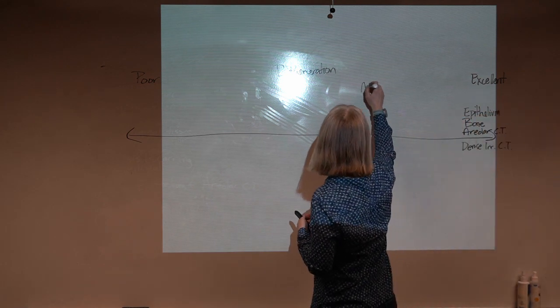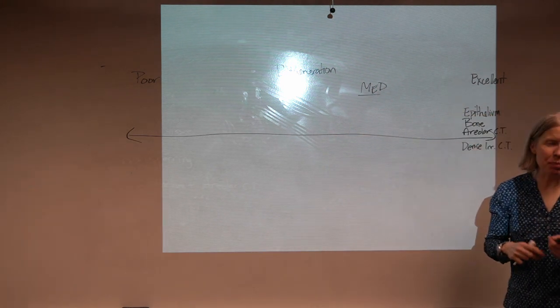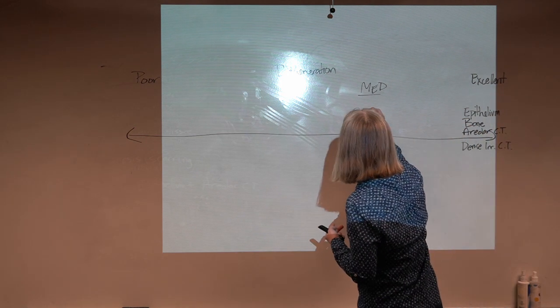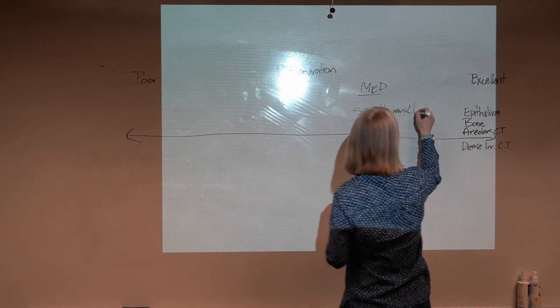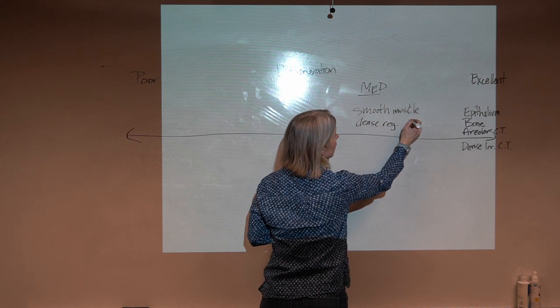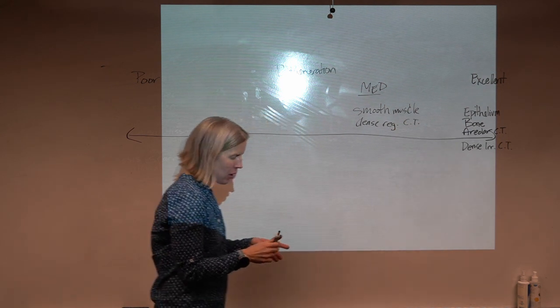Let's do kind of medium good tissues, things like smooth muscle and dense regular connective tissue, right? So tendons, if you tear something like that.